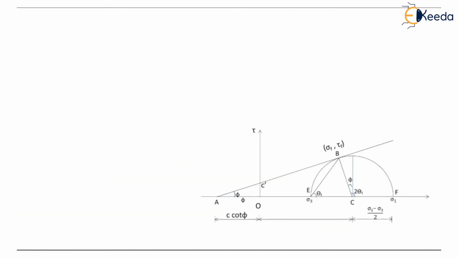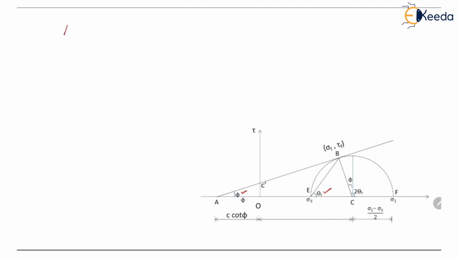So this is the same Mohr circle we have discussed. So in order to find the value of theta f, which is angle of inclination of failure plane with the principal plane, we can use the value of phi.